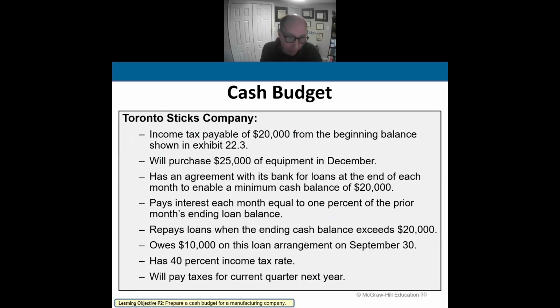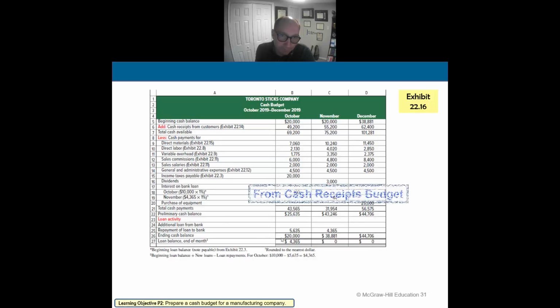This is just an example of the cash budget and the various things that are within that cash budget. Things like taxes and loan repayments, all that good stuff. And this is a nice visual representation of that cash budget for each month.